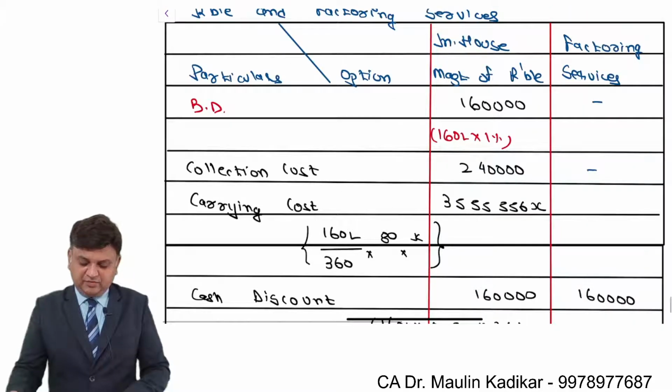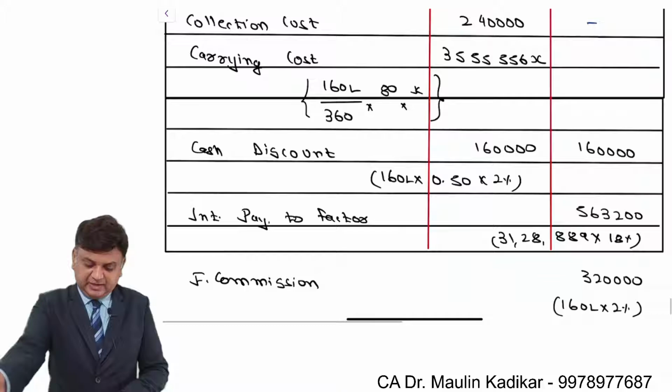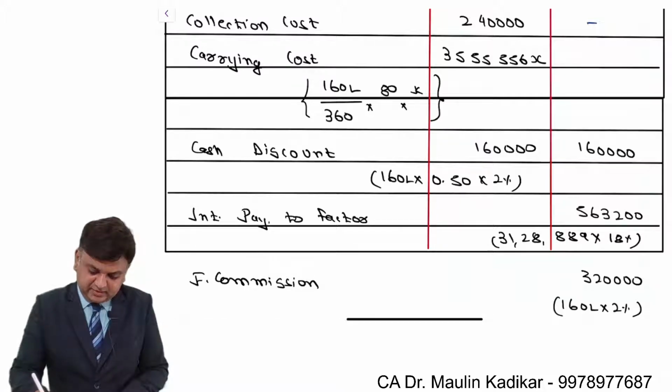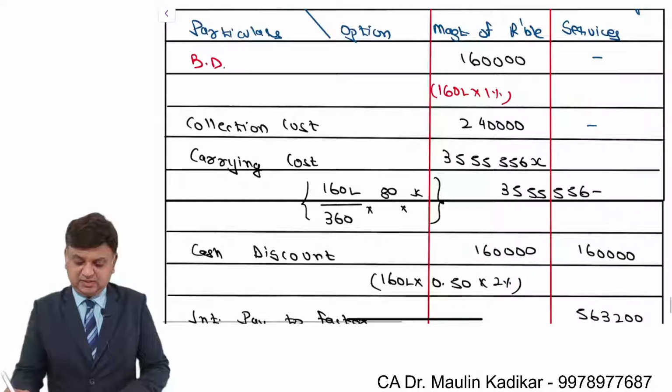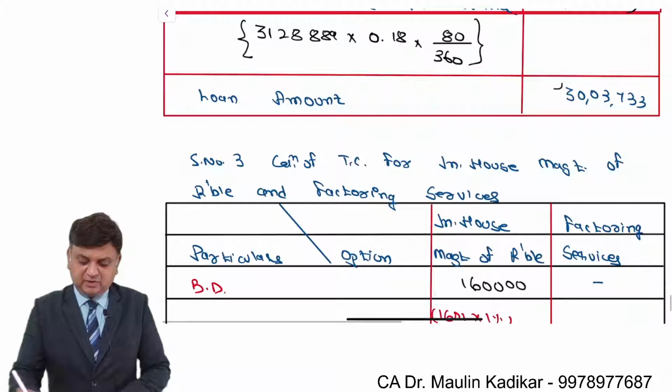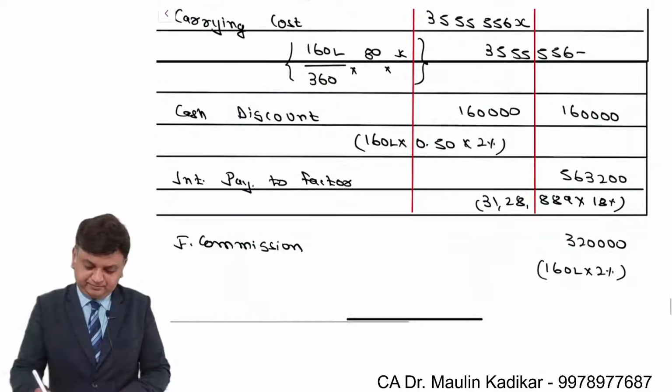Next, we will be having the carrying cost of the own funds, because what will happen, 35 lakh 55,556 is the amount of the debtors. Out of that, this is the amount for which you are getting loan, 30 lakh 3,733.